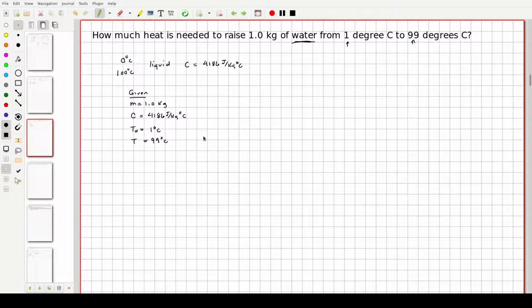But here, since the difference in temperature in Celsius and in Kelvin is the same, because they both are based off of the boiling and freezing points of water, I don't have to convert. What I'm trying to find is Q, the heat. Okay? Now, Q is equal to C m times delta T.